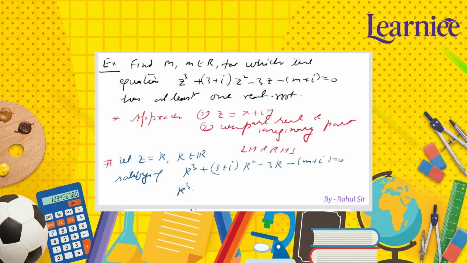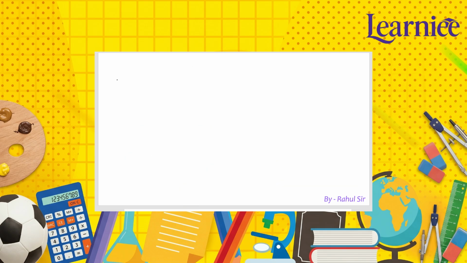So k cube plus 3k square minus 3k minus m, this is the real part, plus the imaginary part is i times (k square minus 1). Okay, now we will solve this equation by comparing real and imaginary part.